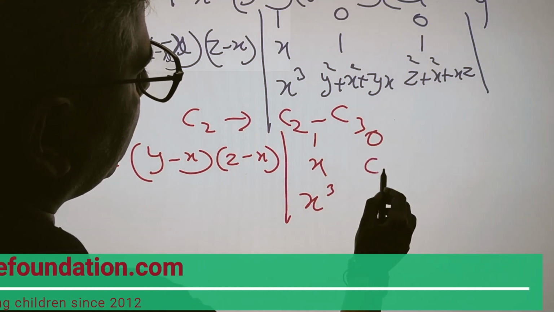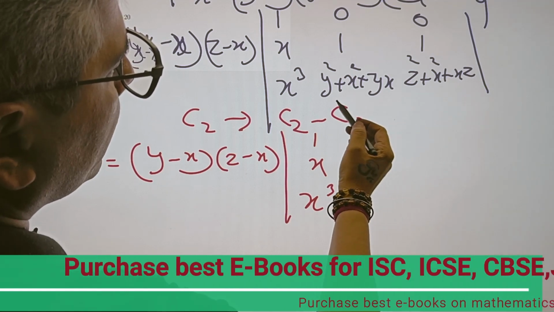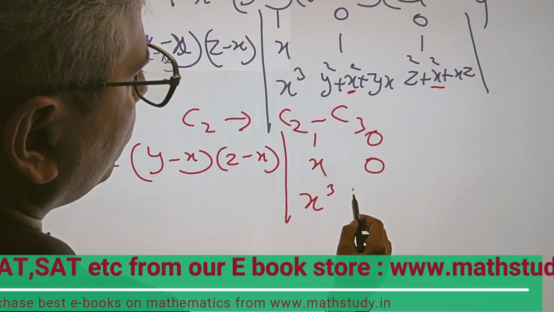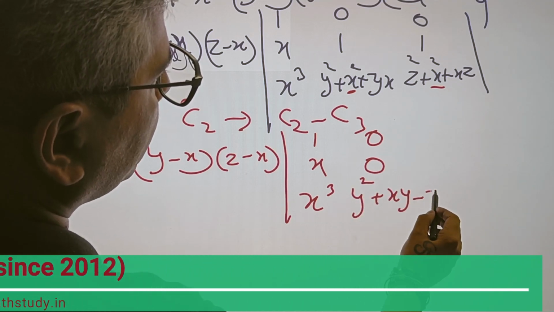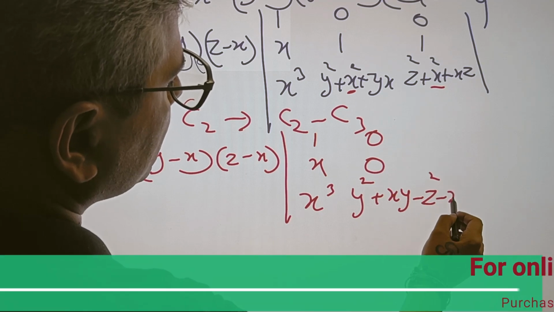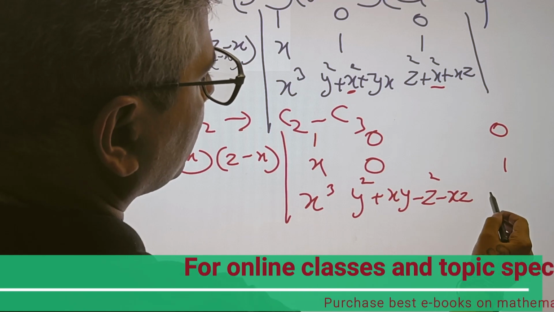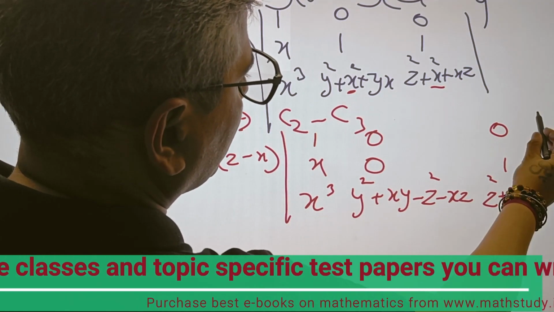This will be 0. Then again 1 minus 1, 0. Now here we can cancel out if we are getting some common term like x square is getting cancelled. So we'll get y square plus xy minus z square minus xz. So now we can write it like this way: z square plus x square plus xz.